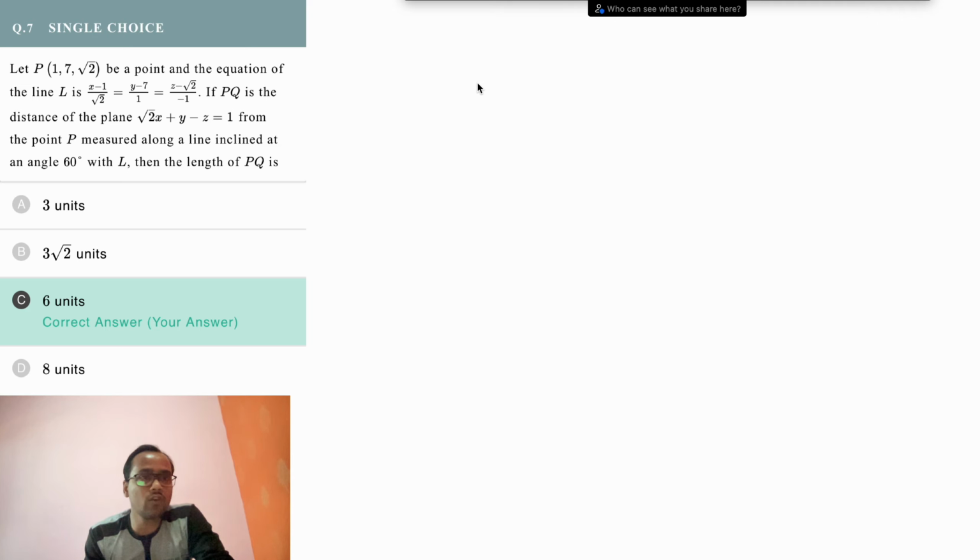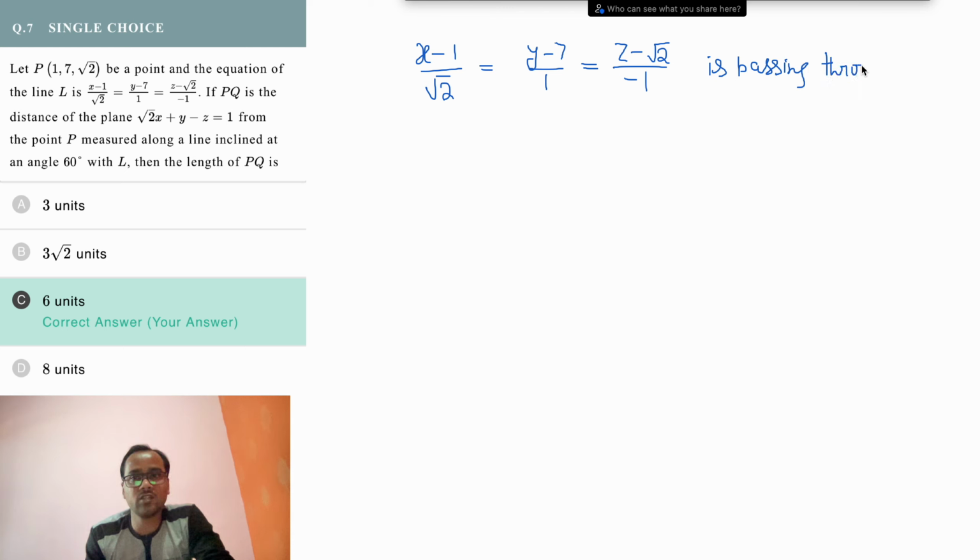First of all, you should observe that this line is passing through the point P, which is (1, 7, root 2).